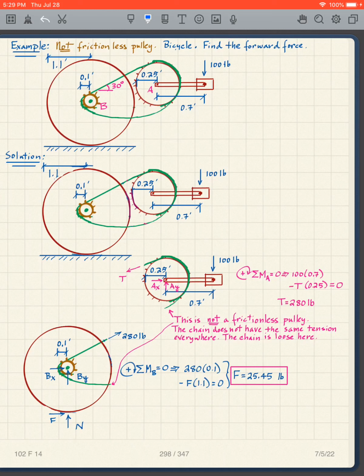If I take a free body diagram, if you can see what I'm doing here, I'm going to make a cut through the chain there, and a cut through the axle, so I have to free this up completely. So I'm going to cut the chain. It's a 3D cut. It's hard for me to show it.